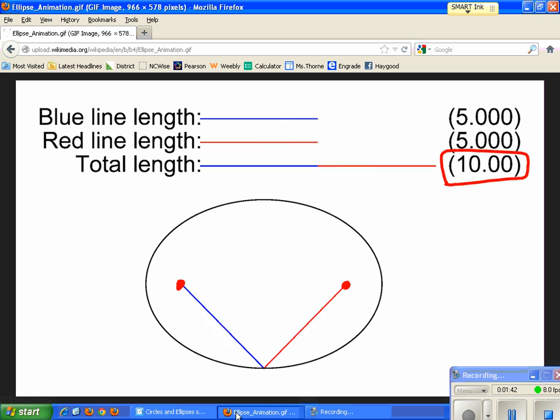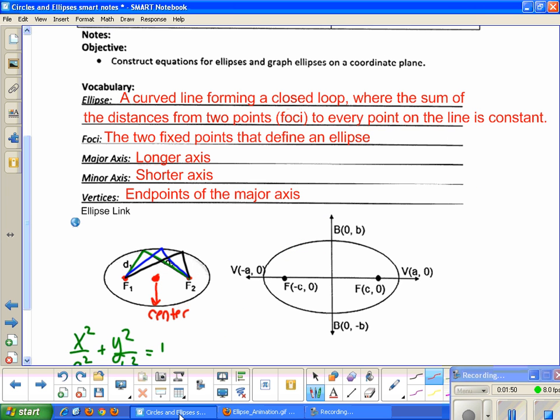And that constant value is always going to be equal to the same length. And the same length is always the length of the major axis. So d1 plus d2 is equal to 2 times a if our major axis is horizontal, which we'll talk about.